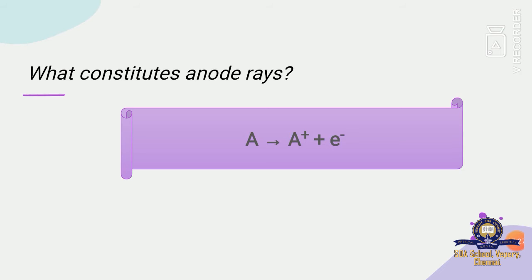So when an atom of gas is ionized, it gives anode ray as well as cathode ray, that is, A plus proton and e minus electron.